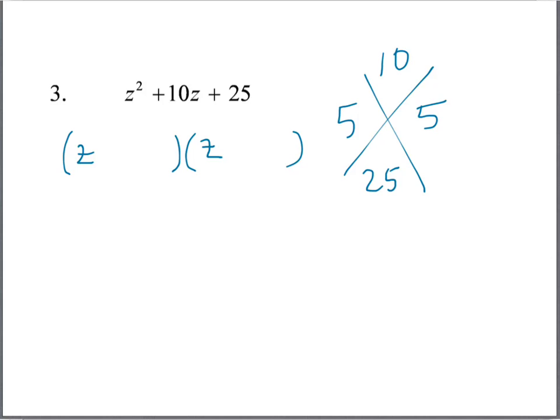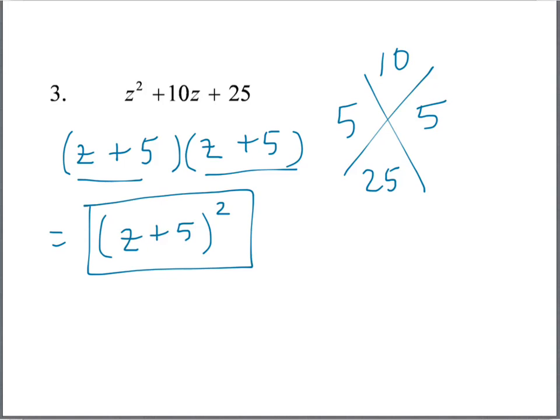These are positive 5, so I'm going to write plus 5 and plus 5. But we've arrived at two binomials that are the same, so we could reduce how we notate this by using that notation, because it's the same binomial squared. So that's the full answer for number 3.